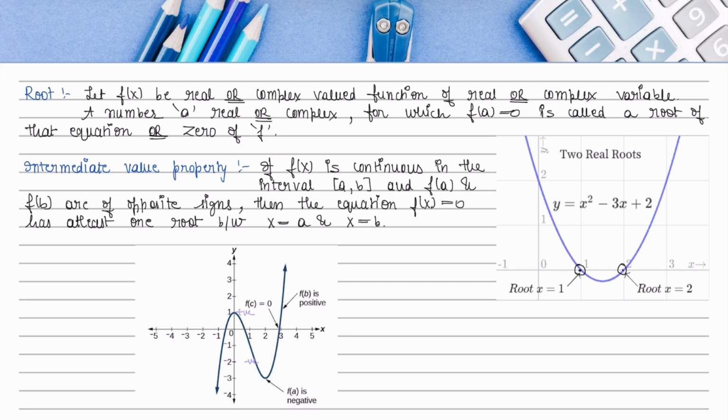So, according to the intermediate value property, the function will definitely have a root at this point. Other way around, let us consider the interval 2 and 4. Before this point, my function is initially negative. After this point, my function is becoming positive. So according to the intermediate value property, there definitely exists a root between the interval 2 and 4.